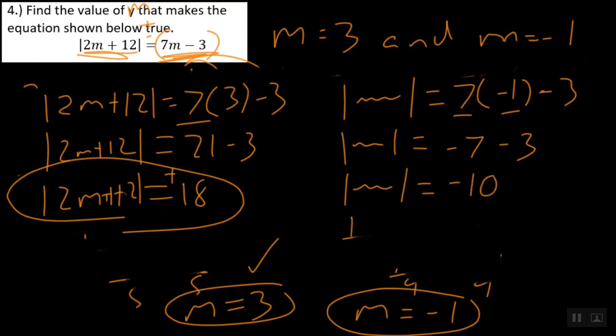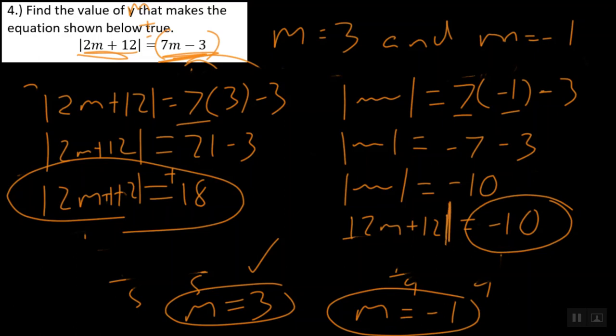So what are we really saying? We're saying the absolute value of 2m plus 12 is equal to -10. Remember, your absolute value bars can never equal -10. This is not a solution. Our only solution is that m equals 3. Finish taking notes. Let's move on to example number 5.